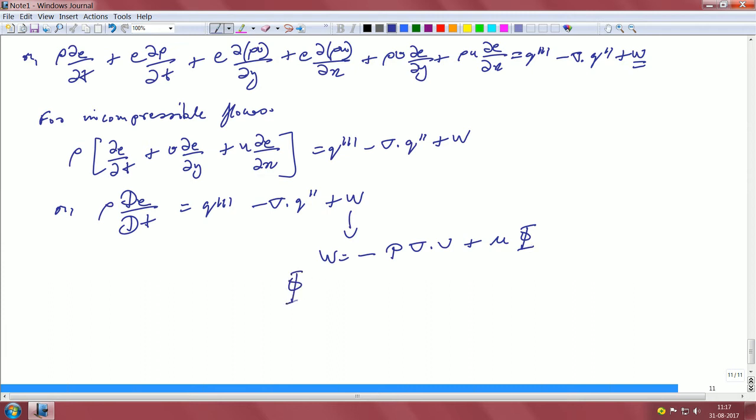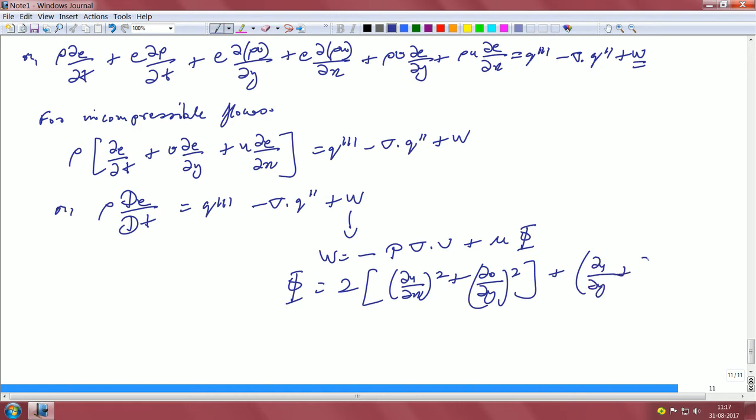Phi is basically 2 into (du/dx)^2 plus (dv/dy)^2 plus (du/dy plus dv/dx)^2. This can all be derived from the previous expression, you just have to go through the steps. This is what we call viscous dissipation.